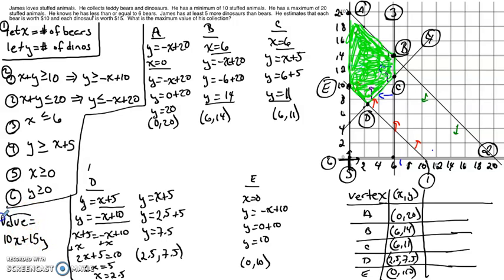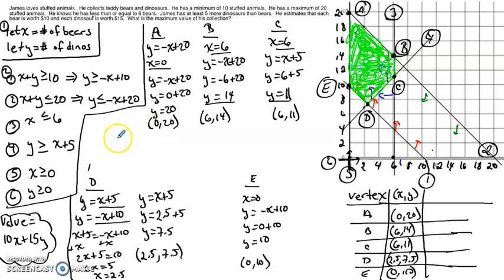So this here is our optimizing function. We're going to use this at each vertex, at each point, to find the value that each combination of bears and dinosaurs would give us, and then we'll pick the maximum.